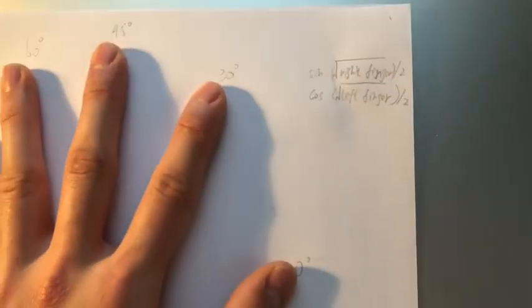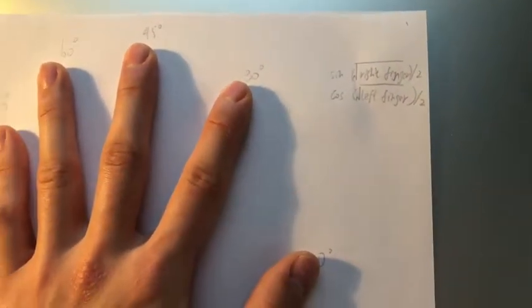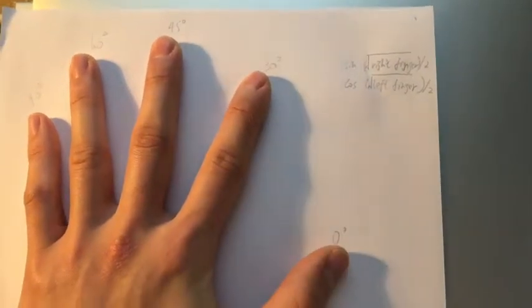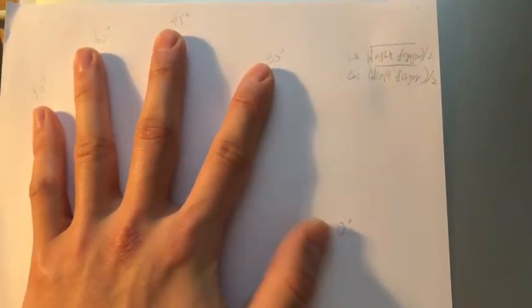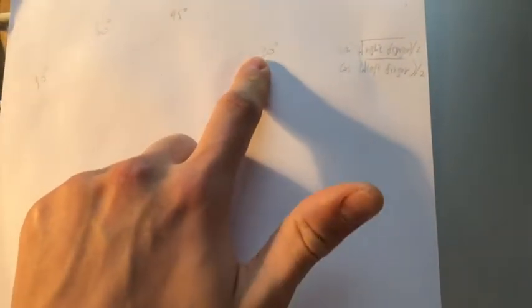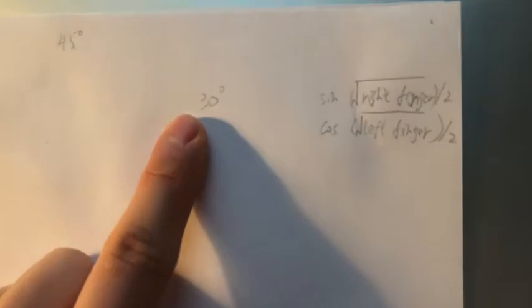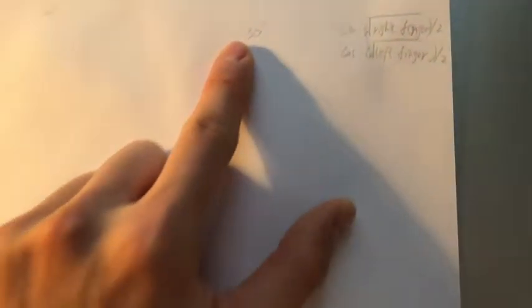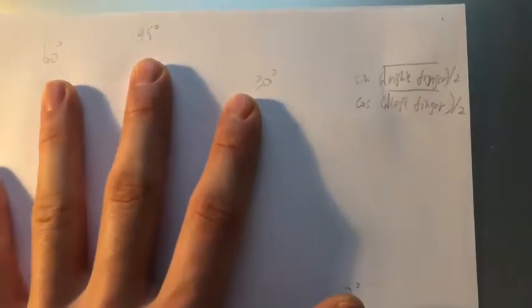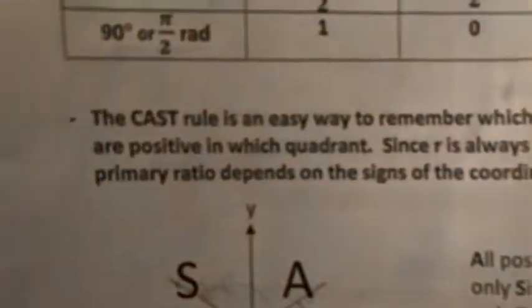For sine, take the finger at, let's say, 30 degrees, and then count your fingers on the right, from here to here. So you have one finger, and you take the square root of it and divide by 2. So let's check it. It's going to be square root of 1 divided by 2.